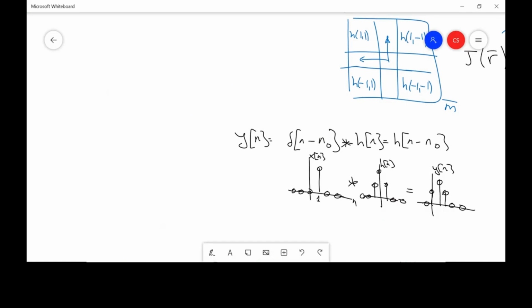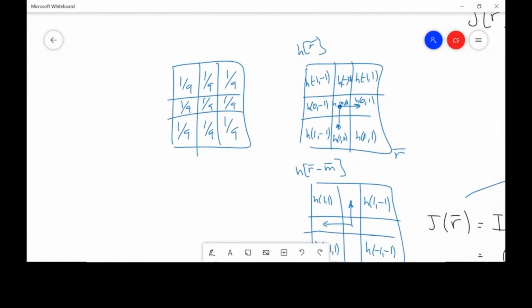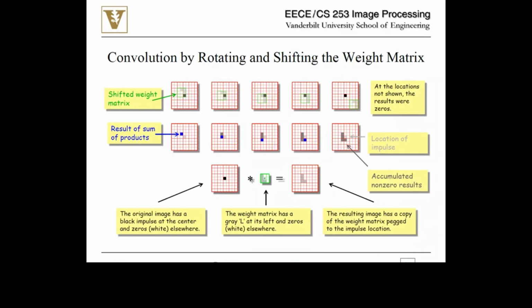Every time you have a kernel, you have to define the origin. Sometimes you don't specify the origin, assuming that the origin is in the middle. If you don't say anything, the origin is in the middle, but otherwise, you have to specify. So we are specifying the origin here by this dot. This dot should move to the location of the delta, and that is what should happen.